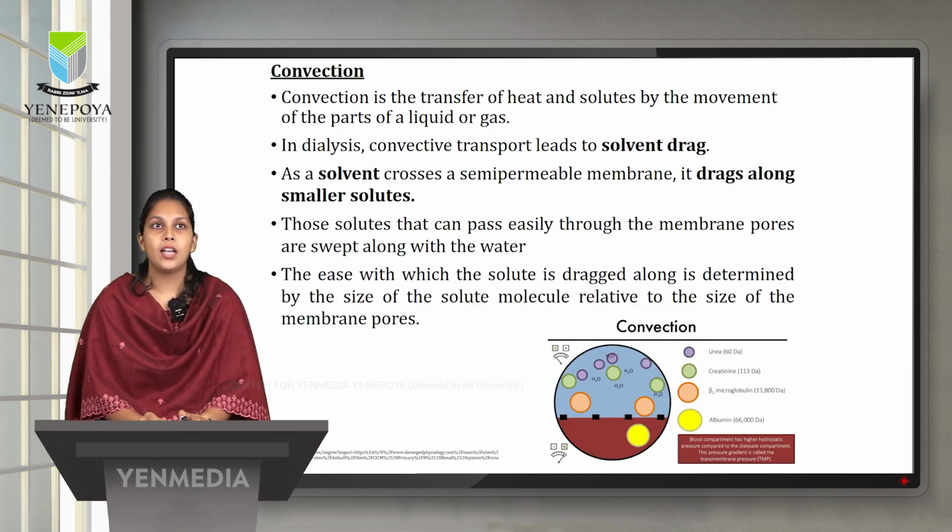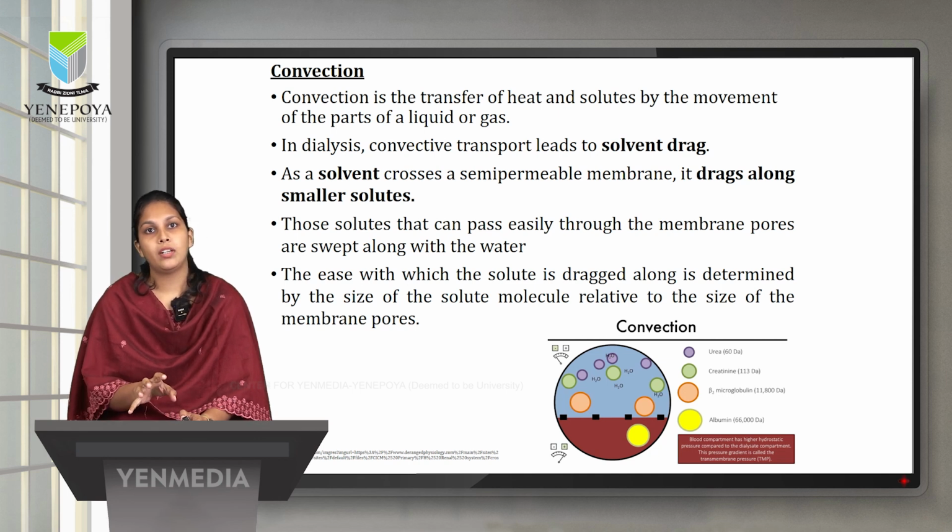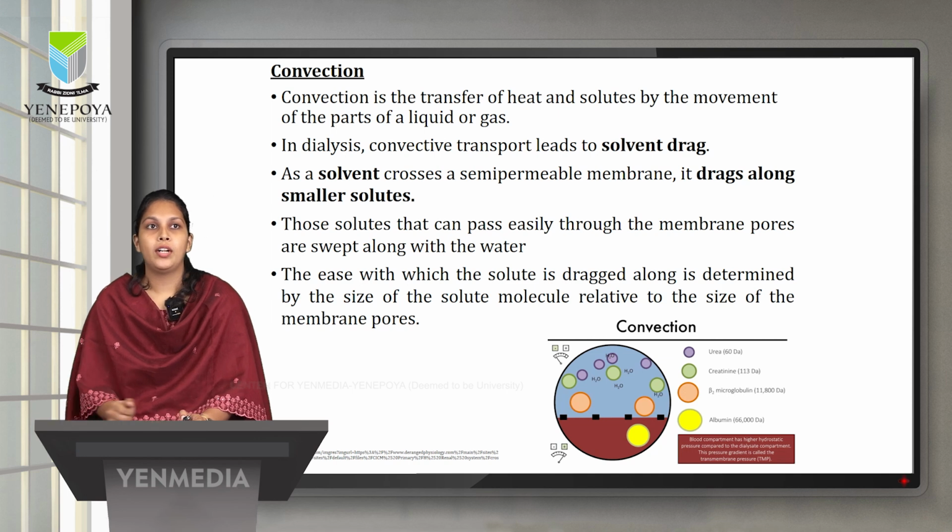And the last one is convection. Convection is the transfer of heat and solutes by the movement of the parts of a gas or liquid. In dialysis, convective transport leads to solvent drag. During ultrafiltration, by the pressure given for the ultrafiltration, the solute is also dragged along with the water.